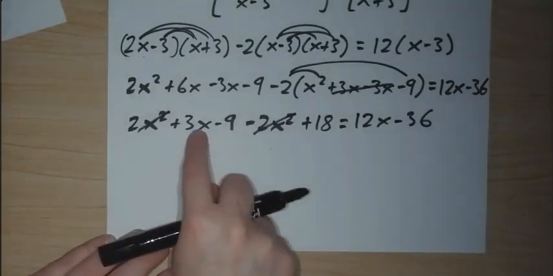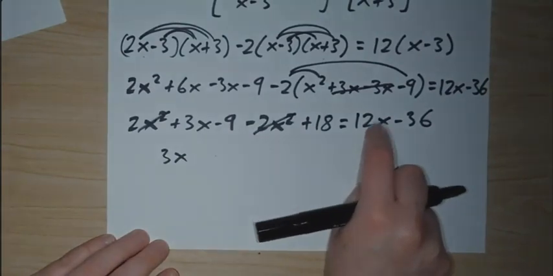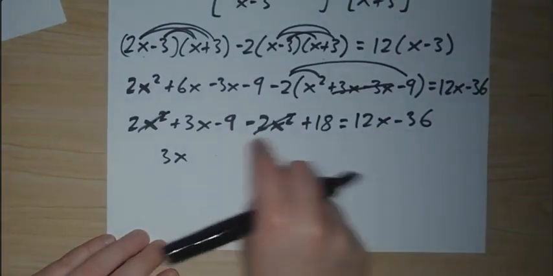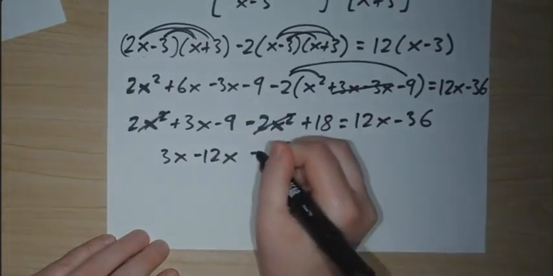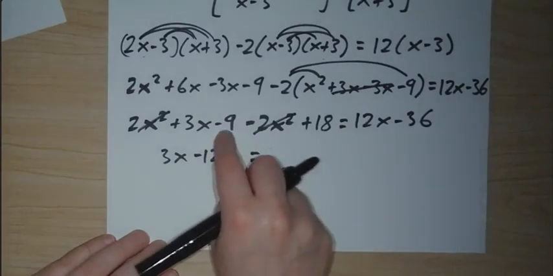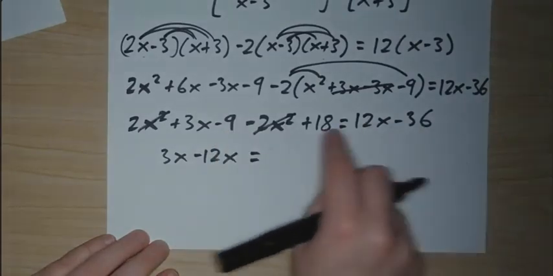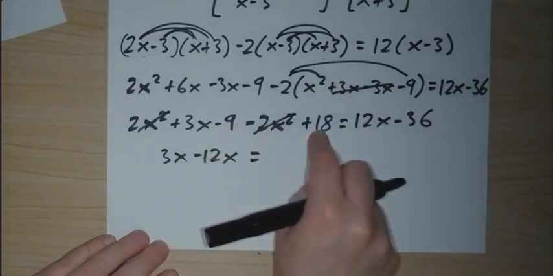So we have 3x, and we're going to subtract 12x to get the 12x to this side. So it's minus 12x. And then I'm going to move this 9 and 18 to this side. But if we notice, positive 18 minus 9 is just 9.